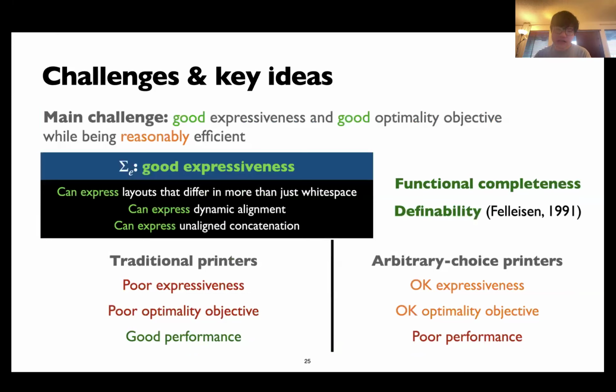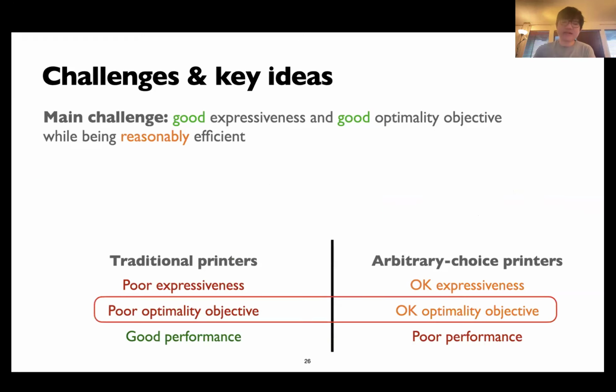And using functional completeness and definability, we can also use them as a guide to create a new pretty printing language that we call Sigma E. Sigma E has good expressiveness. It is strictly more expressive than both the traditional pretty printing language and the arbitrary choice pretty printing language. In particular, it has all the good traits from both of them. So that's it for the expressiveness. Let's now move on to the optimality objective.